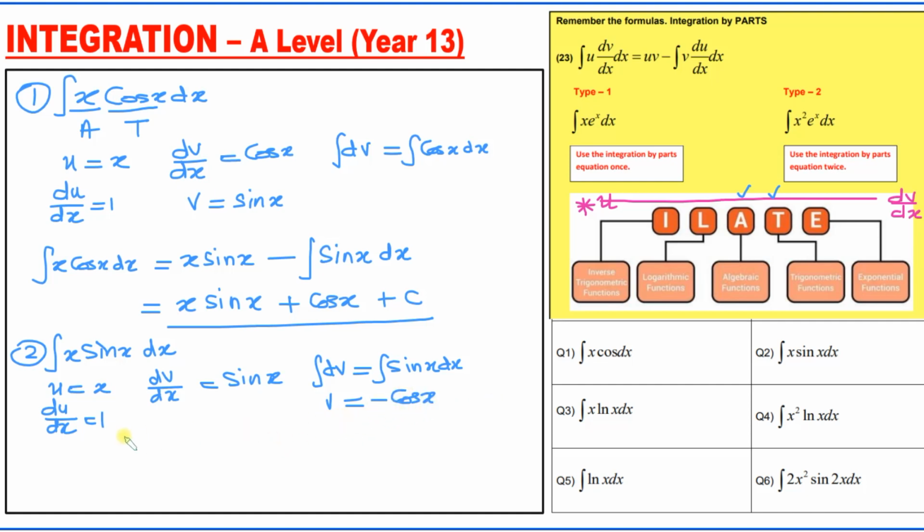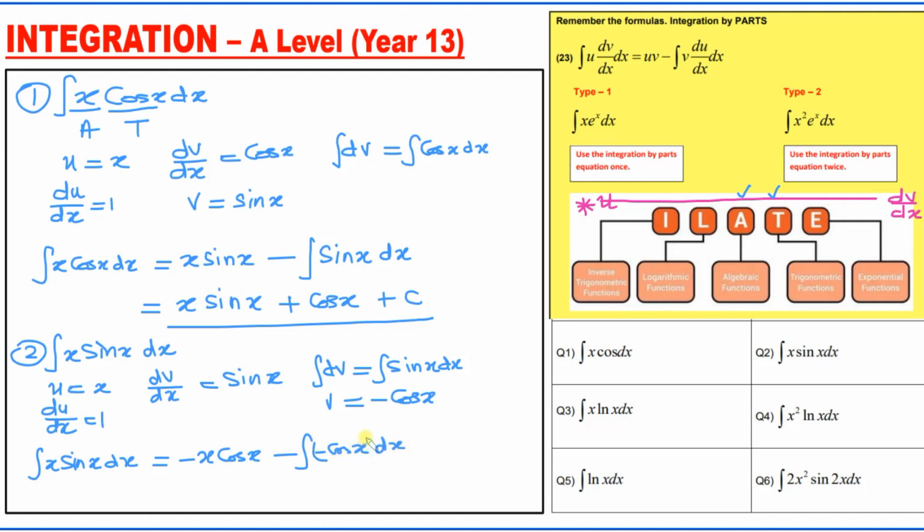So that is the answer, and now you can write the formula. Integration of x sin x dx is equal to u times v, so x times v is minus x cos x, minus integration of v, which is minus cos x, times du over dx, which is 1, dx.